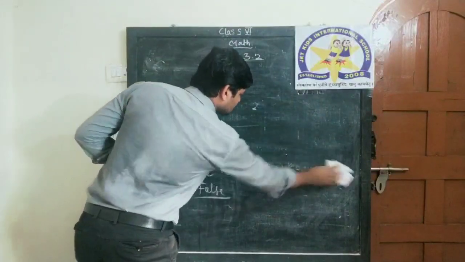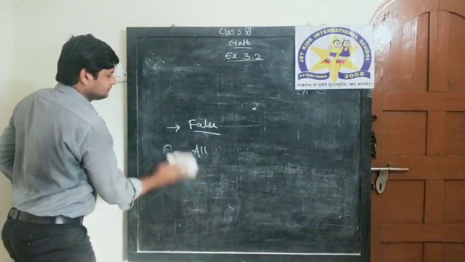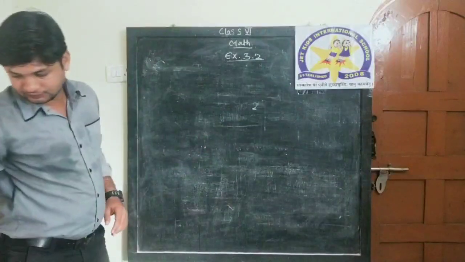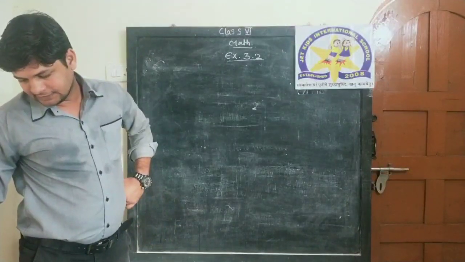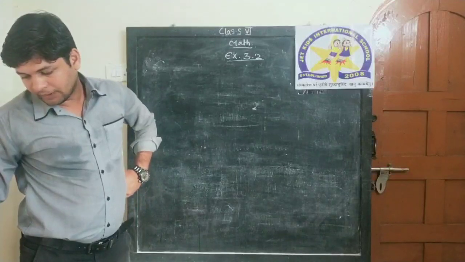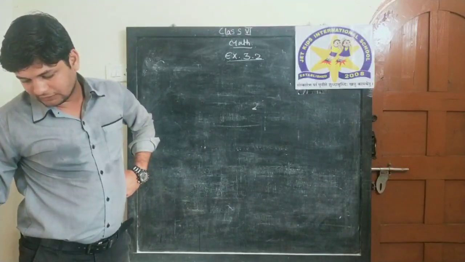Next question of true and false. That is F. Prime numbers do not have any factor.